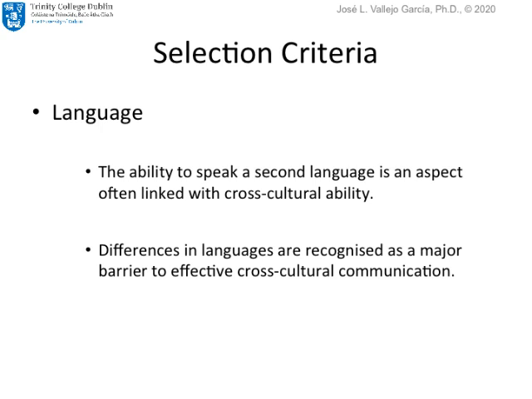The ability to speak a second language is an aspect often linked with cross-cultural ability. Differences in languages are recognized as a major barrier to effective cross-cultural communications for obvious reasons. Don't forget that language is a carrier of culture.